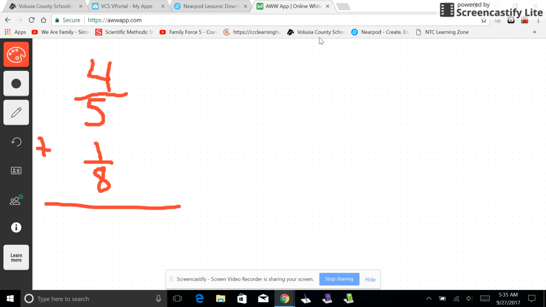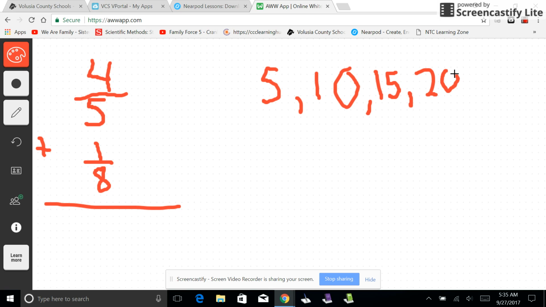I just use the space over to the side, and I'd like to skip count up to the number 5. So 5, and it would be 10, 15, 20, and then we would stop at 25.